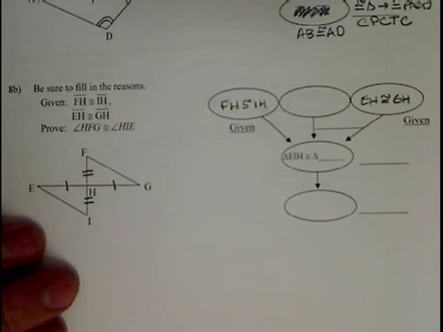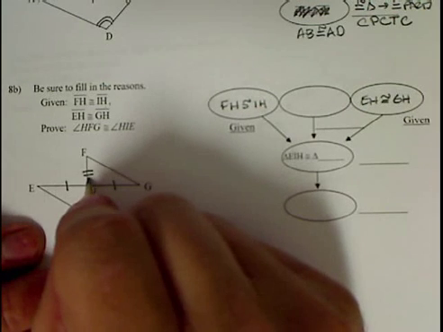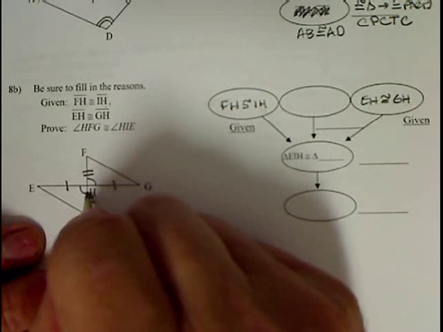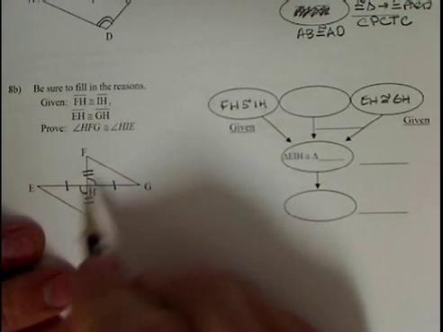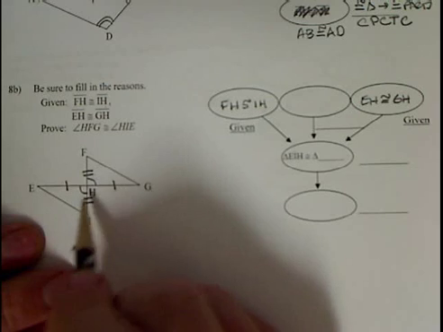Now I look for things like reflexive and vertical. Right here I've got vertical angles. They're not necessarily right angles. They look like it, but they may not be. But I do know these angles are going to be congruent to each other.